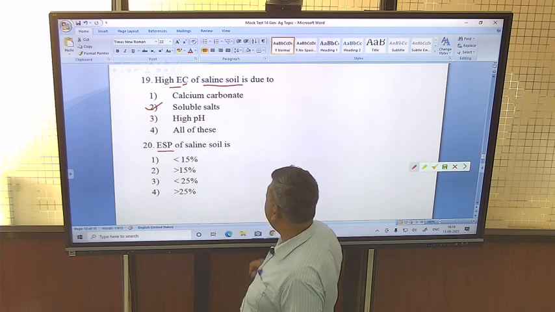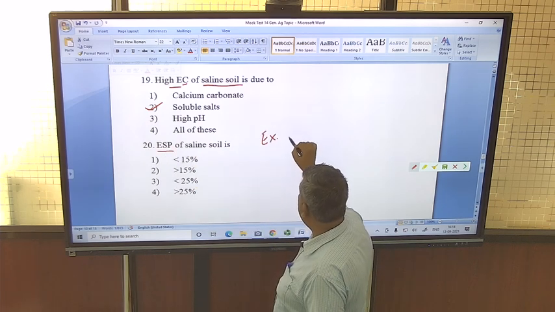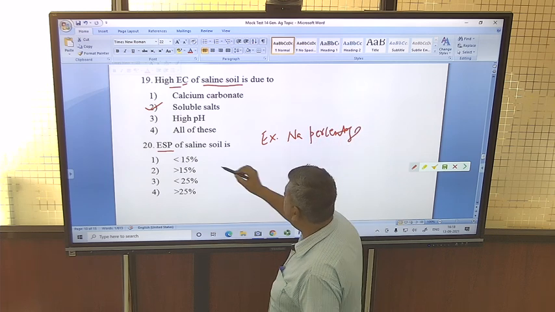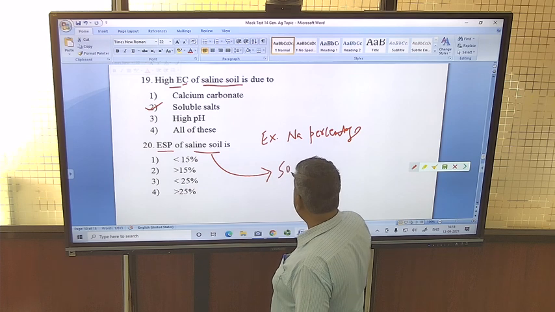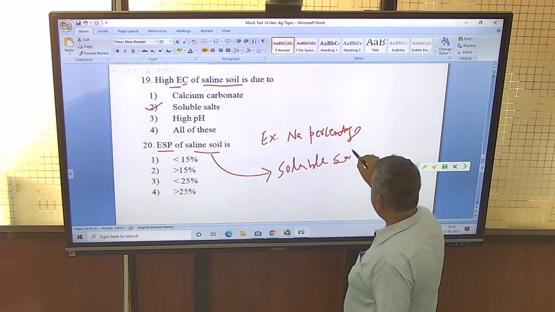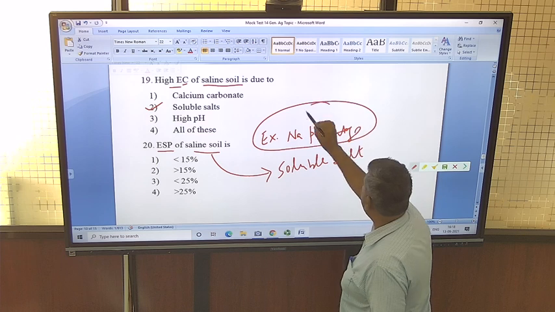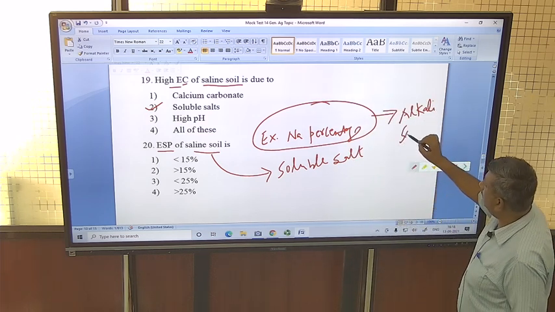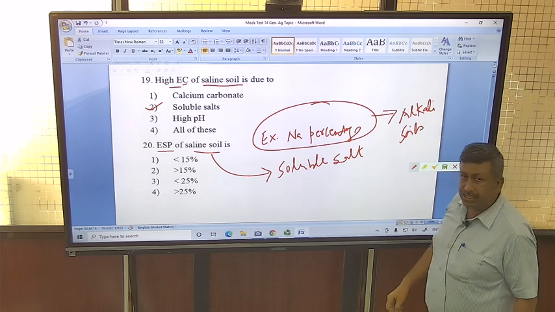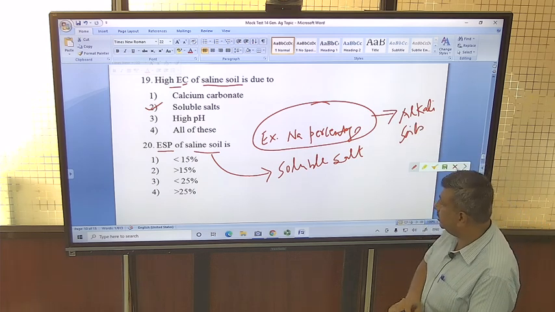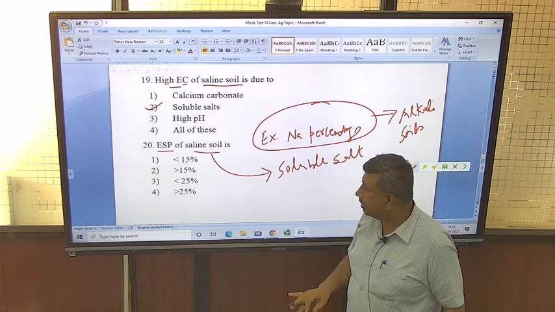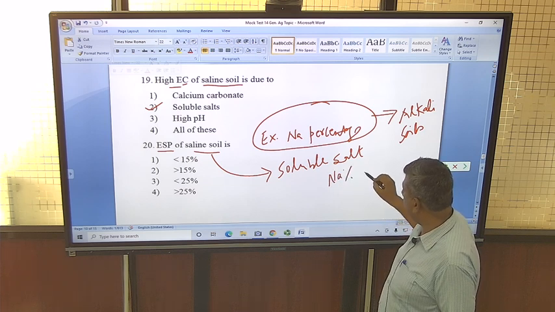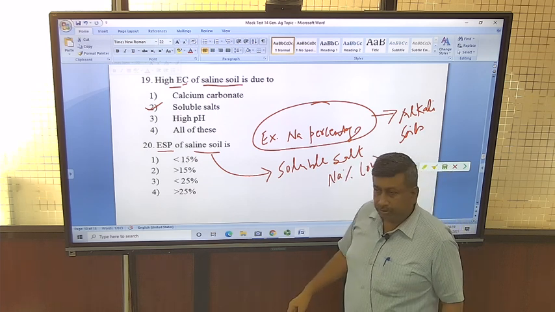ESP of saline soil: ESP is exchangeable sodium percentage. In case of saline soil, what is the problem? The problem is soluble salt, not exchangeable sodium percentage. That is the problem in case of alkali soil. Alkali soils have a problem of high exchangeable sodium percentage, but in case of saline soil, the problem is soluble salt and sodium percentage is low.